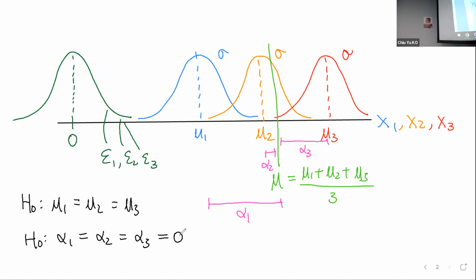So that is the main idea here. Is that clear what ANOVA is doing? We just transform everything. I hope this is at least clear from the diagram, what we are doing.